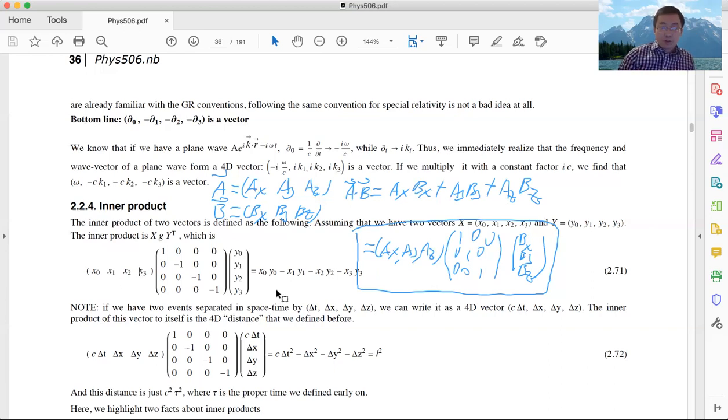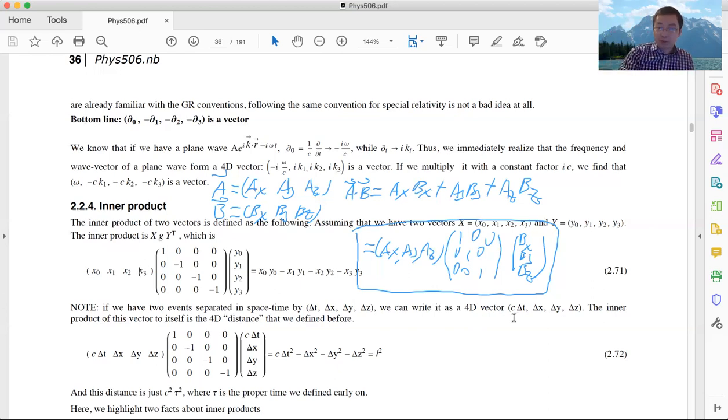Before we prove that, let's first look at an example. One example we are very familiar with is distance. If we have two events A and B in a 4D space, then the separation between A and B is described by a 4D vector. Delta T is the separation along time, and Delta X, Delta Y, and Delta Z are the separations along the X, Y, and Z axes. The first component is the distance in time, and the last three components are the displacement in space.